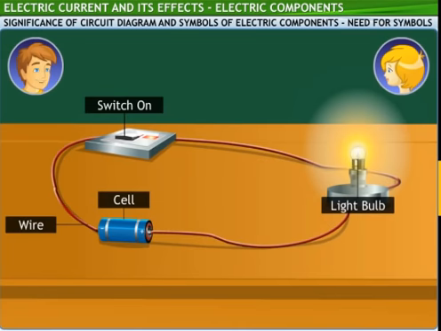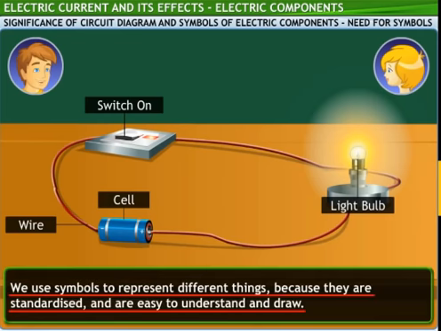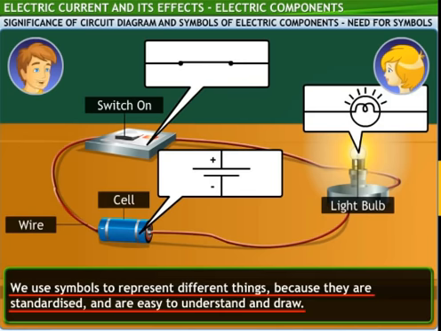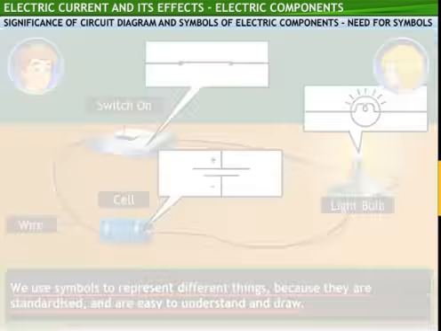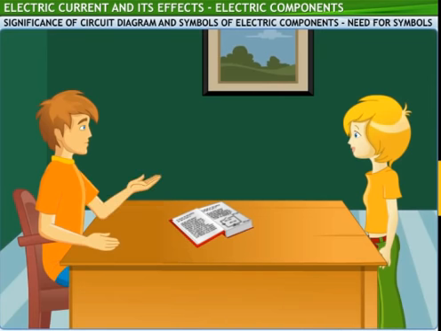If we try to draw the actual components, it would be difficult and time-consuming. We use symbols to represent different things because they are standardized and are easy to understand and draw. Let me explain. If you think about it, you will realize that we use a lot of common symbols in our everyday life.